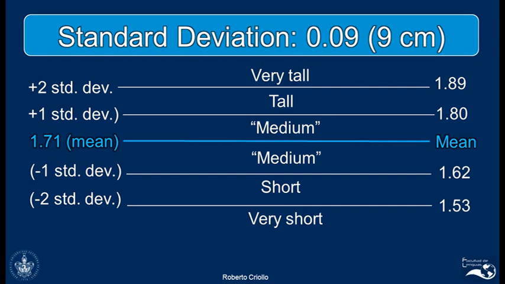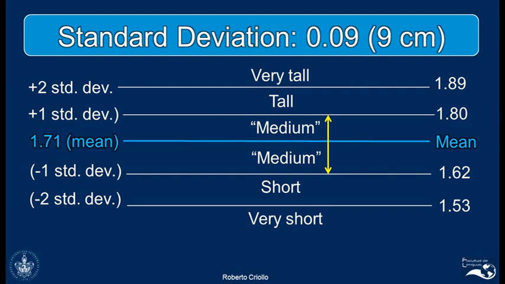So people who measure less than 1.53 are going to be considered very short in this sample. So as we can see, within 1 standard deviation above or below the mean is considered in our sample as regular or medium height. After 1 standard deviation, you become tall. 2 standard deviations, you become very tall. 1 standard deviation below the mean, that's short. 2 standard deviations below the mean, that's very short.